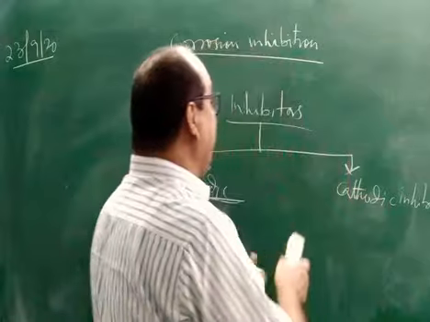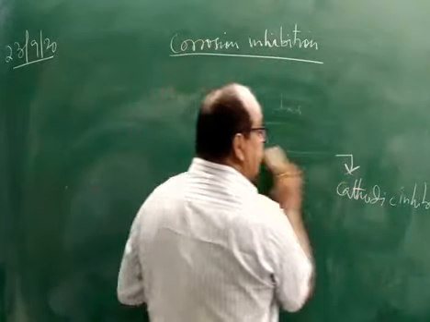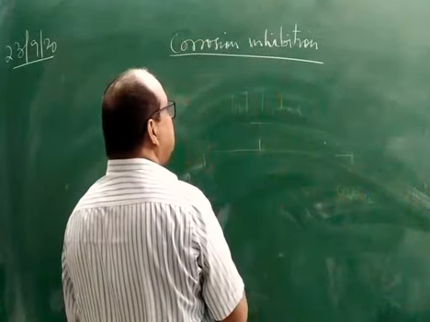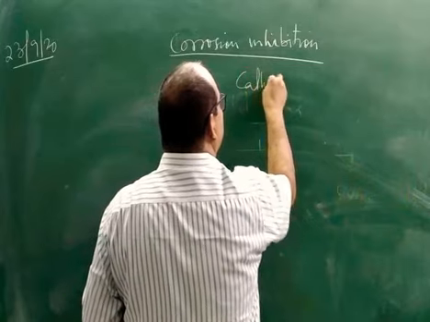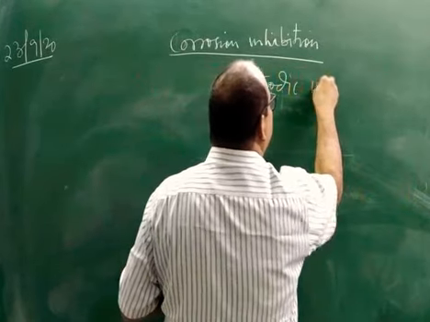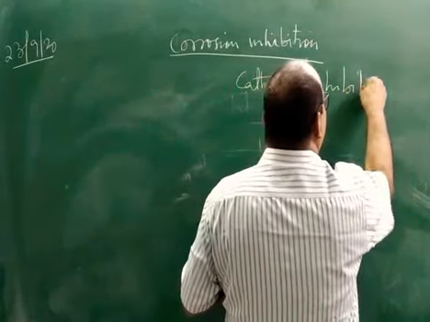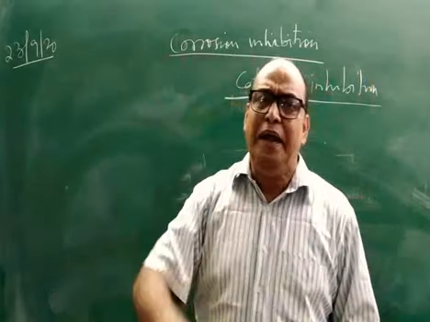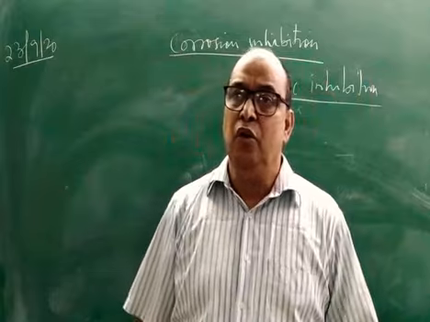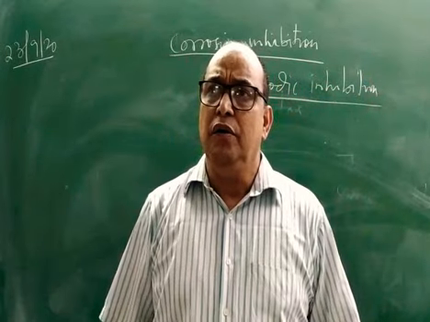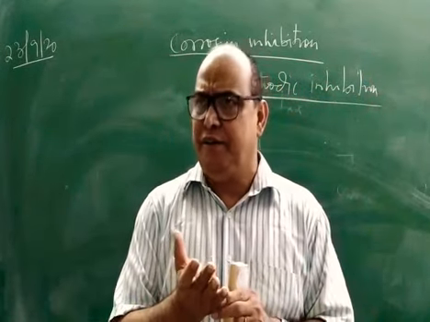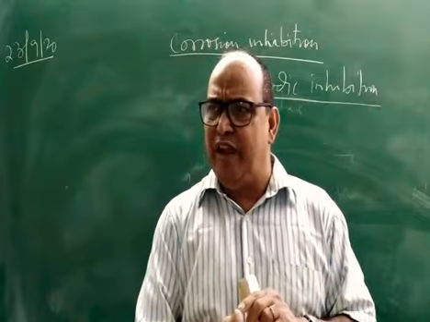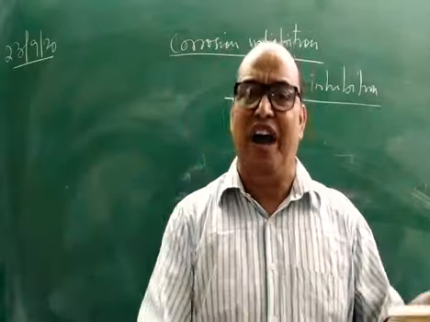Now let us see cathodic inhibition. As we have seen earlier, in electrochemical corrosion there are two types of mechanism, either in acidic environment or in neutral environment.